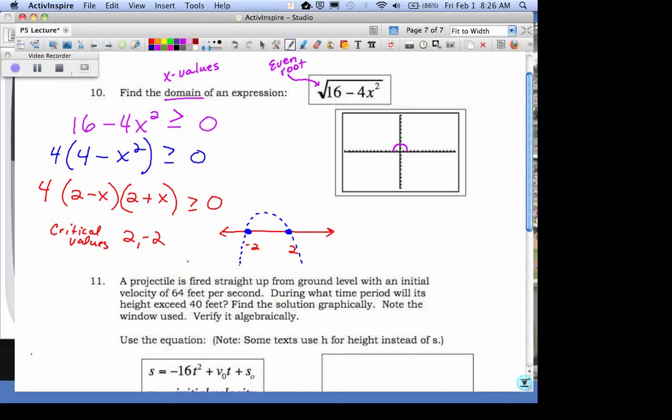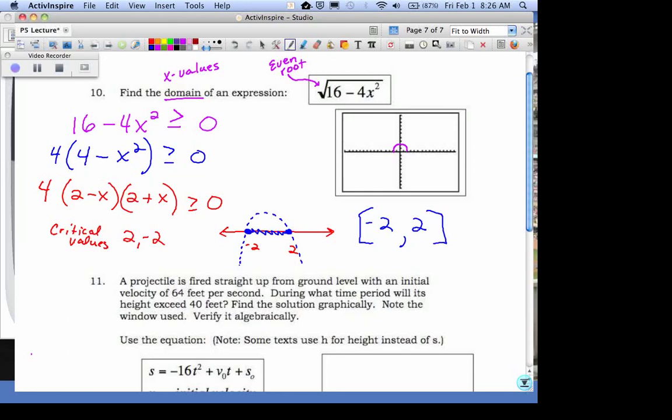Outside of the critical values or inside of the critical values? Inside. In between the blue dots, my parabola goes above the line. Right? So that's your answer right there. Negative 2 to 2.